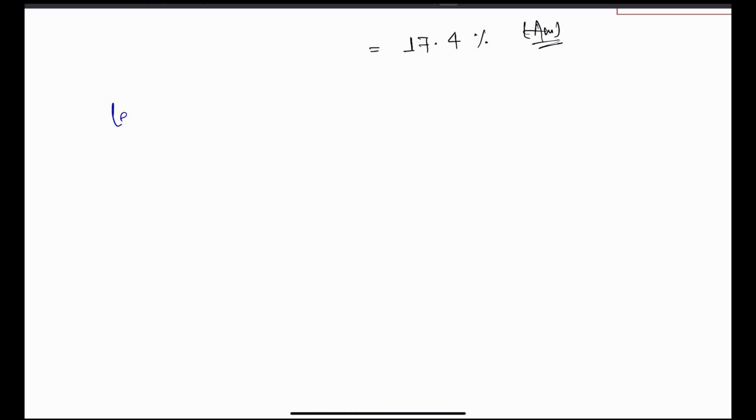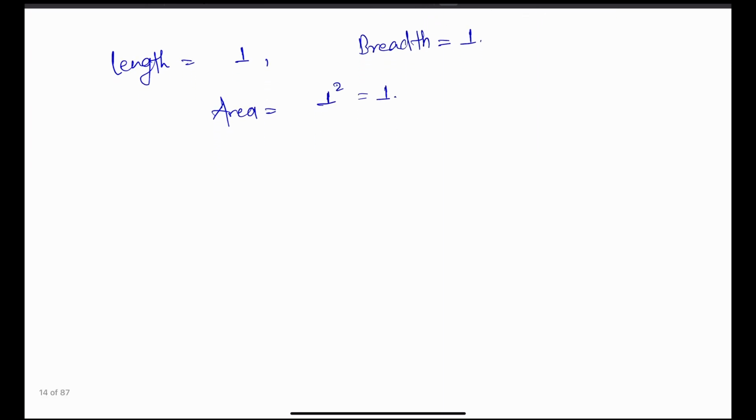Suppose length is 1 and breadth is 1. So area will be 1. Now we know that if the length increases by 4 by 19 in fraction terms, the new length will be 1 plus 4 by 19 into 1.